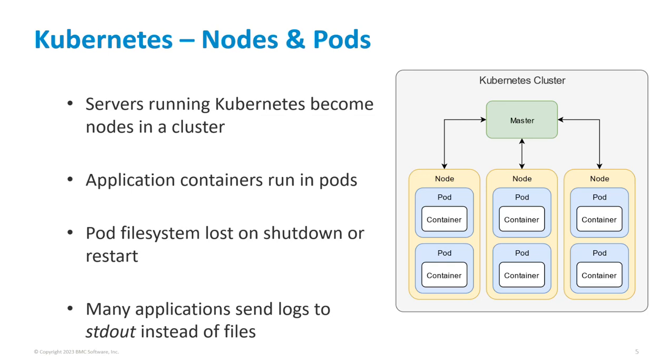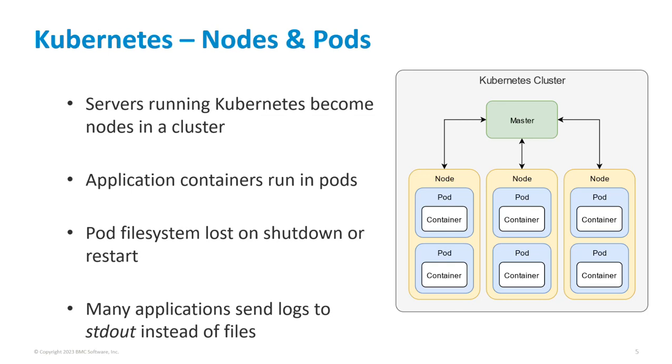One of the most significant differences, of course, in the Kubernetes world is that those pods are ephemeral. By that, I mean that they will be recreated if they are restarted or if there is a problem. The file system that the pods use is temporary. It's used as long as the pod exists, but any logs, any files that are written to that file system are lost when the pod is restarted.